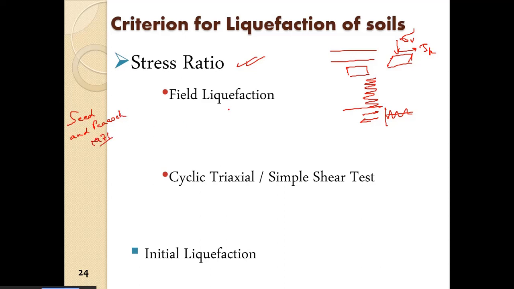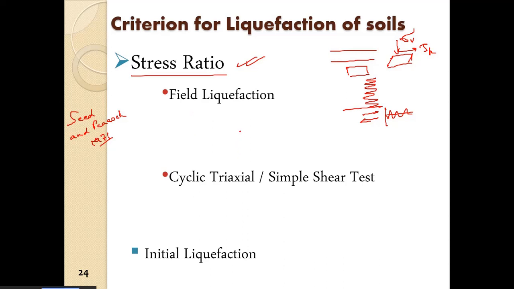They defined a certain condition, a certain stress ratio, to establish the criterion for liquefaction based on the stress state of the soil.